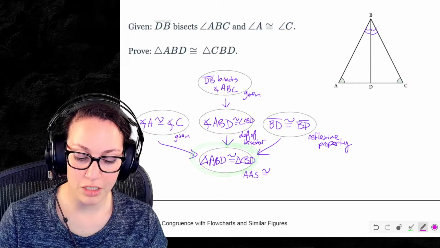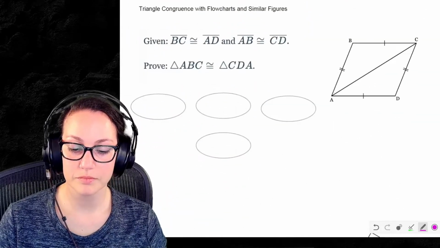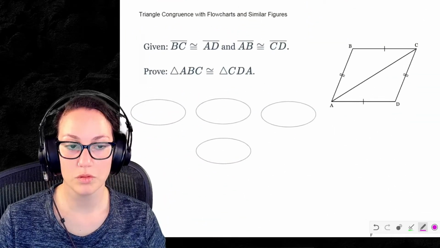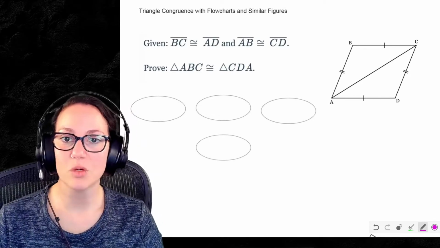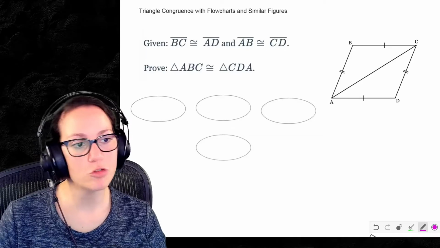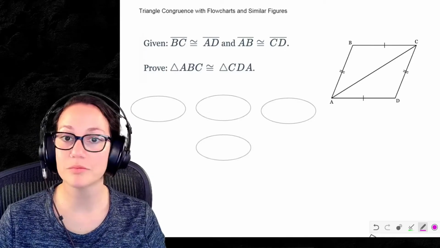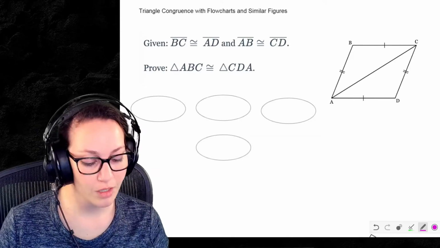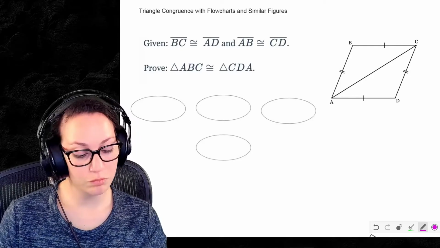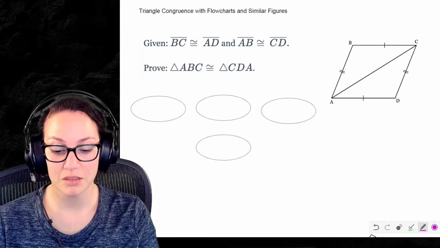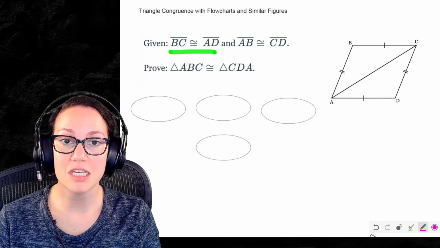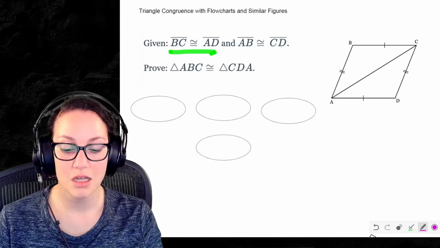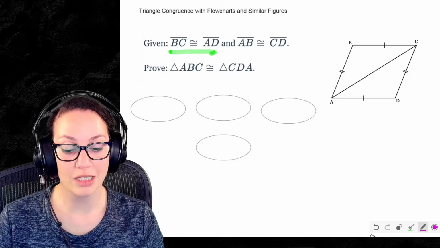Right, let's look at another one. Ooh, this one is getting a little spicier. We have triangles inside a parallelogram. Whatever shall we do? Okay, so same diff. We have some given statements that line BC is congruent to line AD. And that's actually already labeled for us.